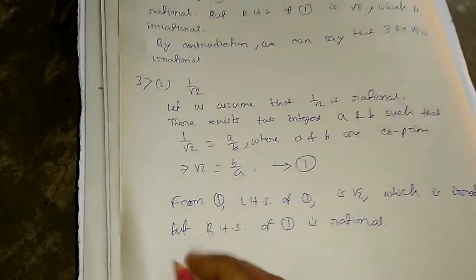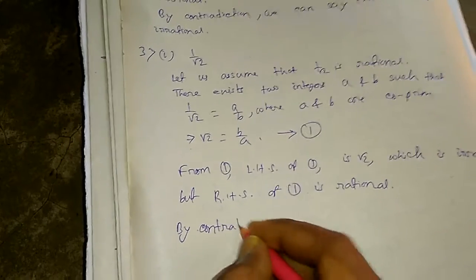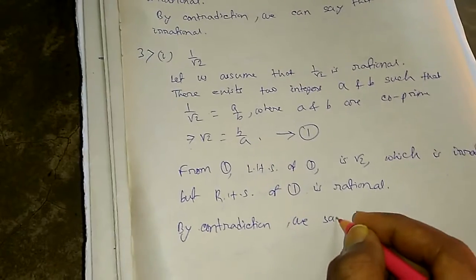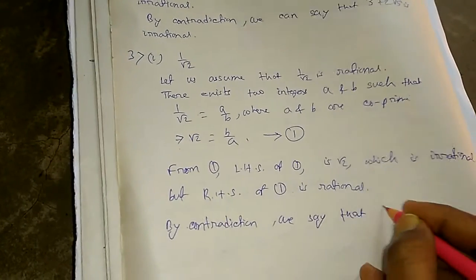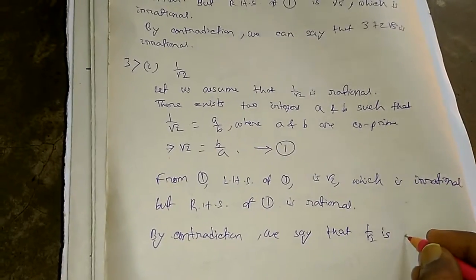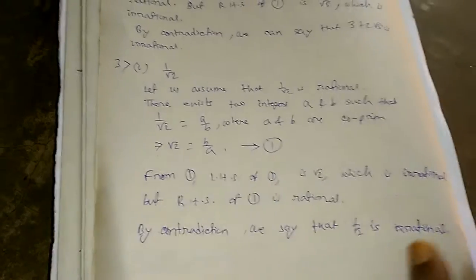So by contradiction, we say that 1 by root 2 is not rational, or our assumption is wrong, so that means it is irrational. I think you can easily understand.